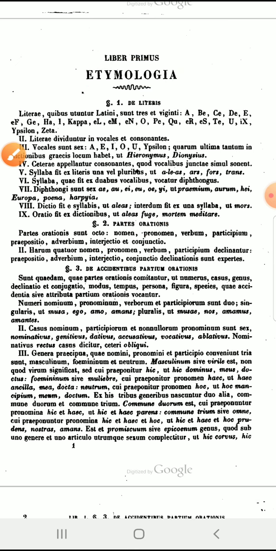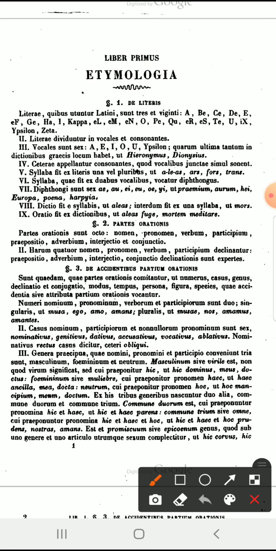In the second rule, we learn that these 8 parts of speech divide into 2 different groups. So all of the words in the Latin language can be divided into 2 different groups. We read here in rule number 2, harum quatuor nomen, pronomen, verbum, participium declinantur.